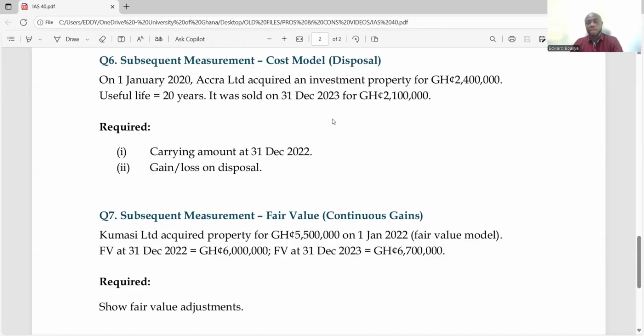So there will be another 1 year depreciation that we subtract from that carrying amount before we compare with the disposal proceeds. So let's go and deal with this, and then we can move on. Question 6 is on Accra.